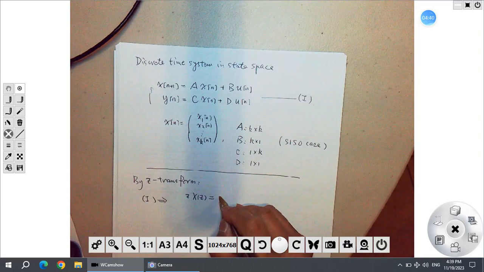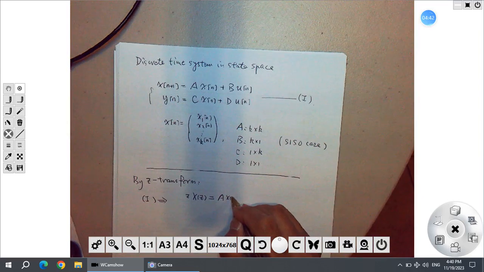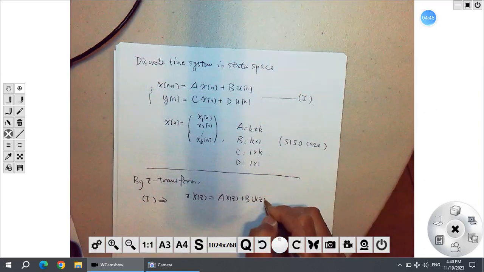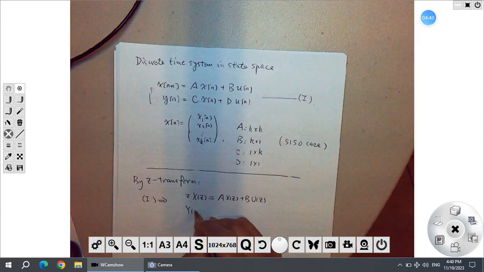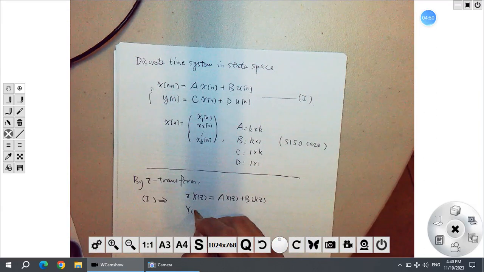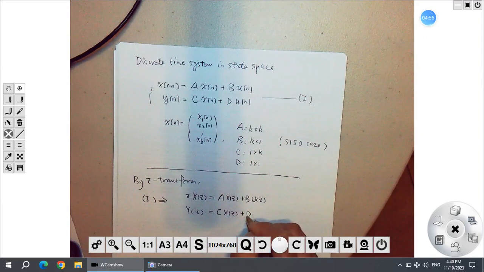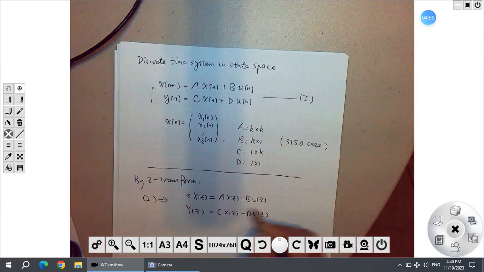This side is A times x of z plus B times u of z, and y of z equals C x of z plus D u of z.